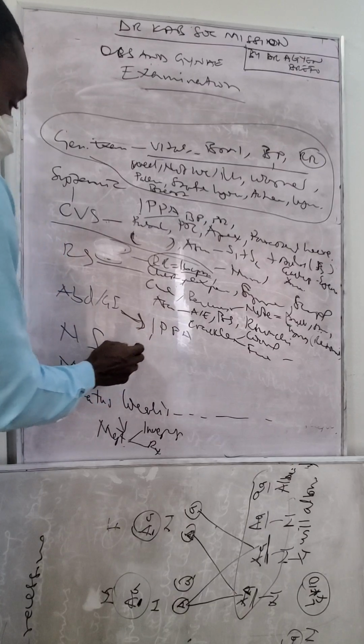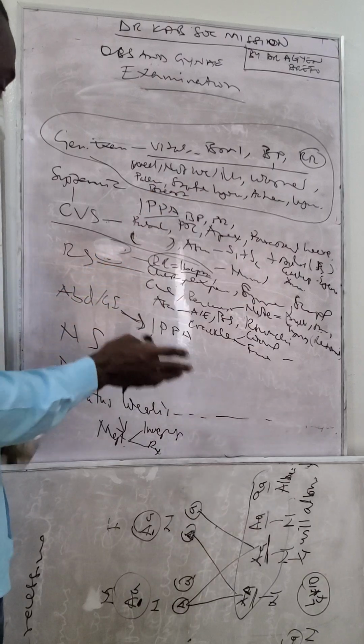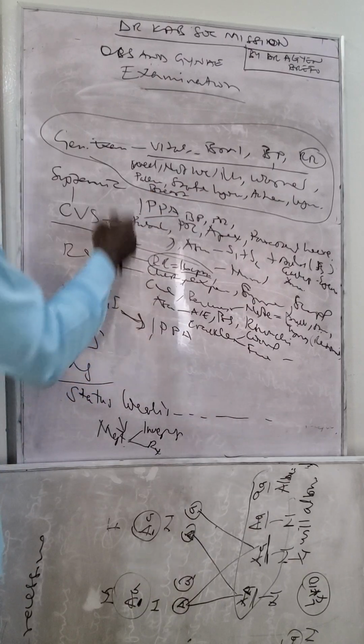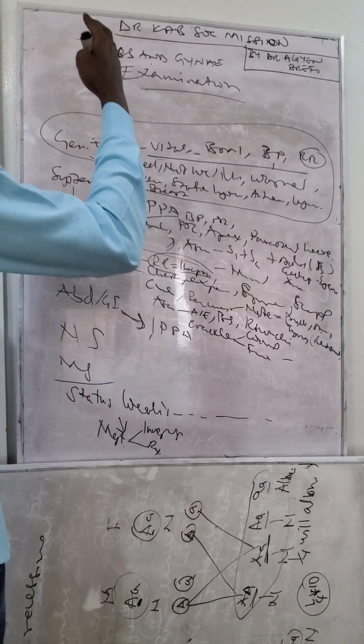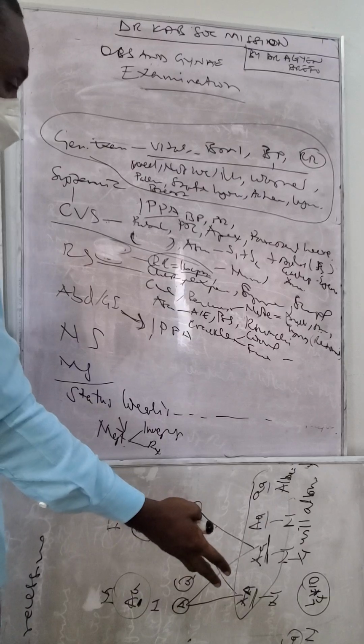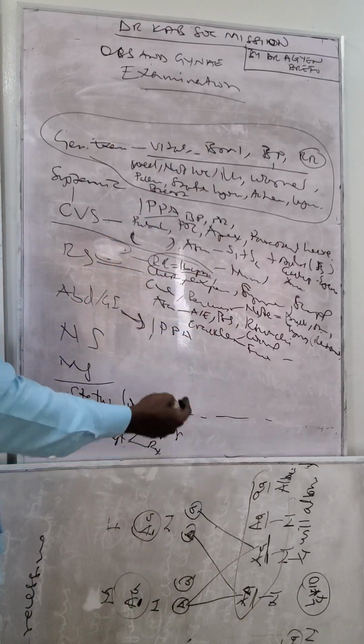So inspection: the abdomen is uniformly enlarged, moves with respiration. There's linea nigra extending from the symphysis to the pubic level.